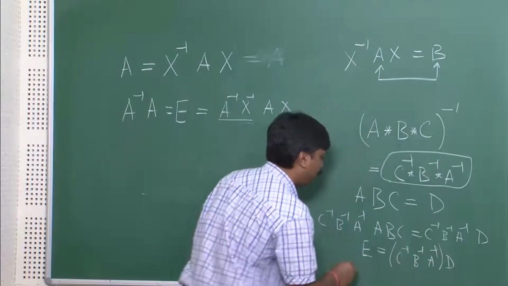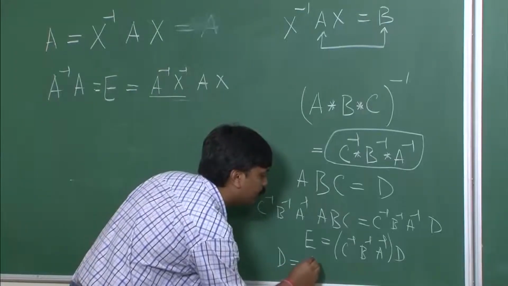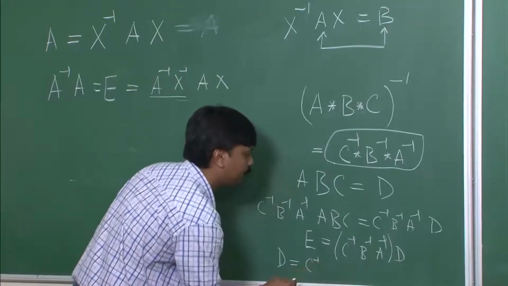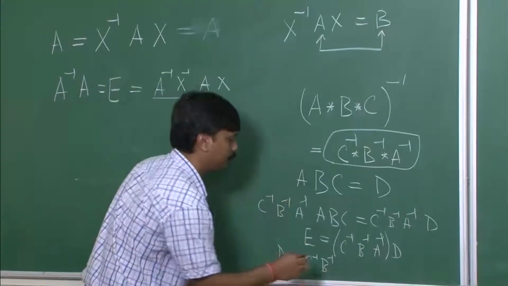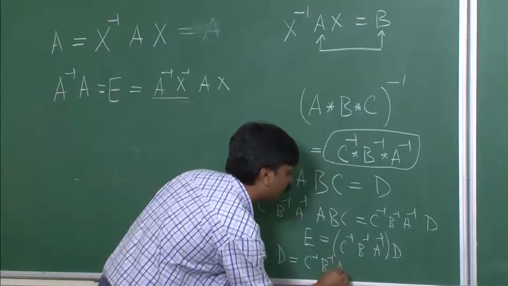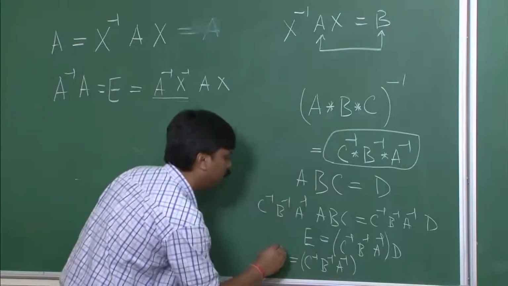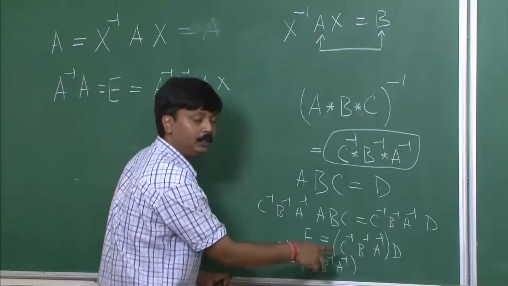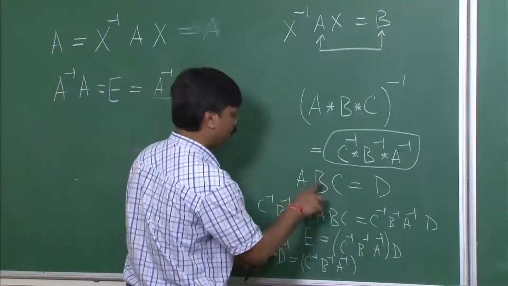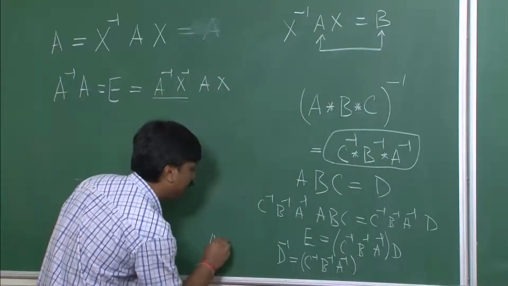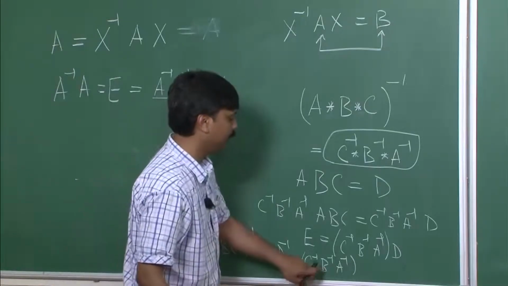So in other words, I can write D is the inverse of this one, or D inverse equals this. D inverse means this ABC is D. So that means I have A, B, C inverse equals C inverse, B inverse, A inverse.